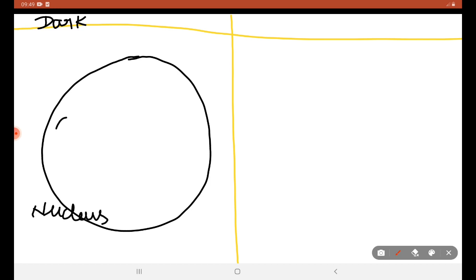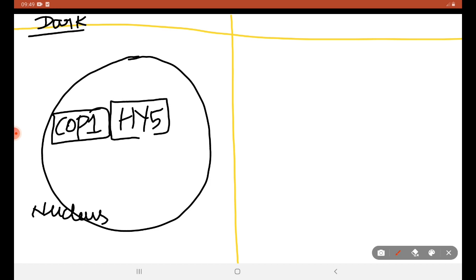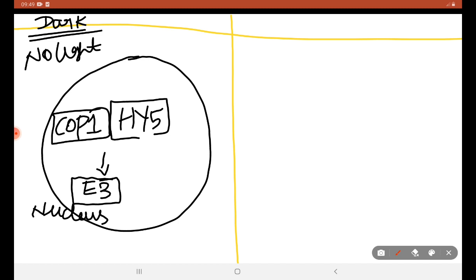We have COP1 and HY5. As there is no light, these are subjected to E3 ubiquitin ligase mediated proteasomal degradation. So, no photomorphogenesis.